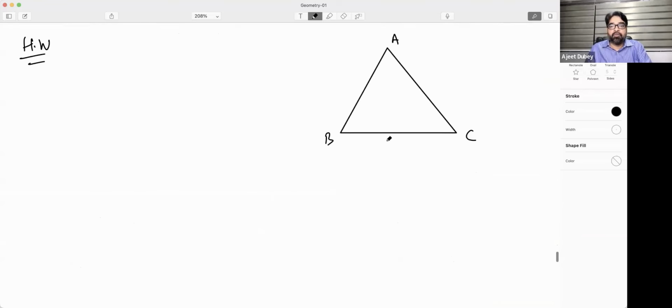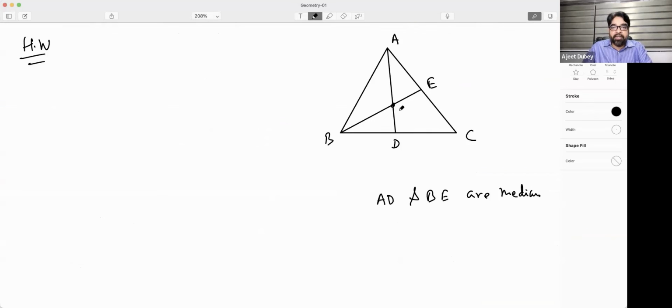Now the question for homework. All of you know medians? Yes, sir. This is one median, and this is another median. AD and BE are medians.